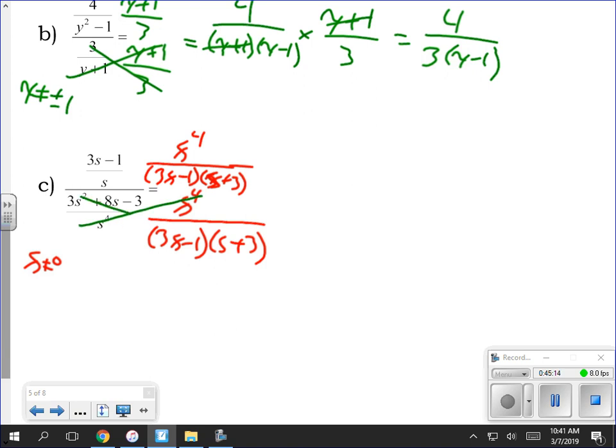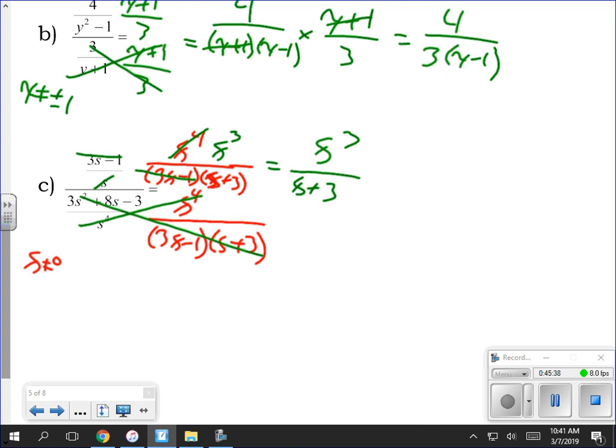These cross cancel and go away. So I just have that being multiplied. And then I cancel and reduce. 3s minus 1, 3s minus 1 cancel. I have 1s here. I had 4 of them here. That now becomes s cubed. So I get s cubed over s plus 3.